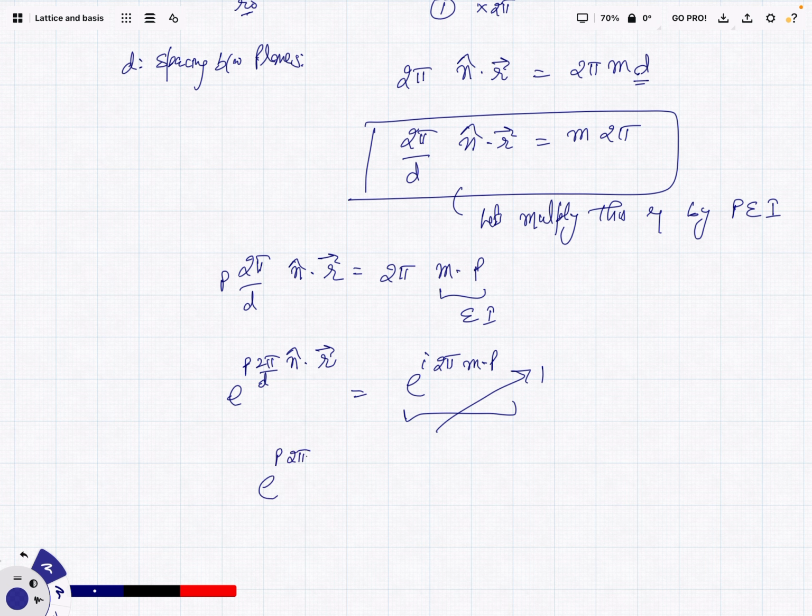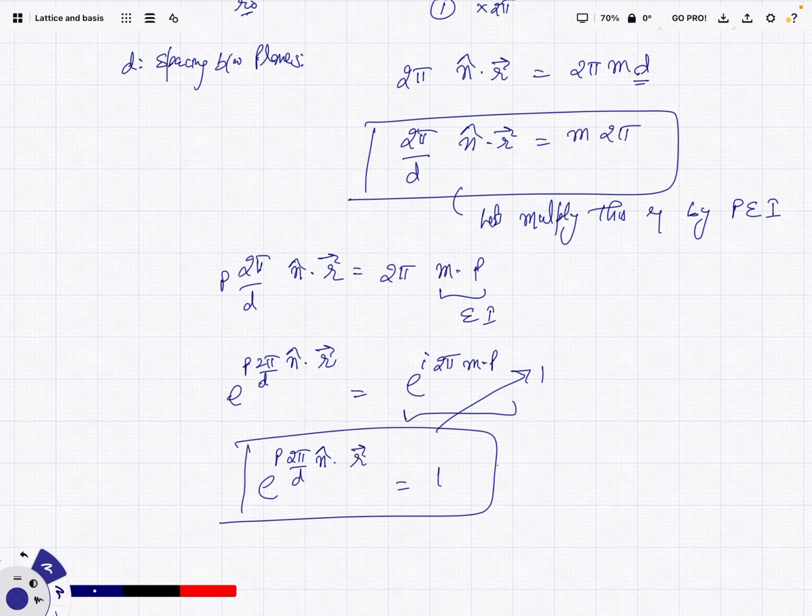So e raised to i p 2 pi by d n cap dot r equals 1. This is the modified equation for the family of planes. This time I did it much more neatly. Last time the derivation was a little messy. Yeah, sir, here there is an iota.